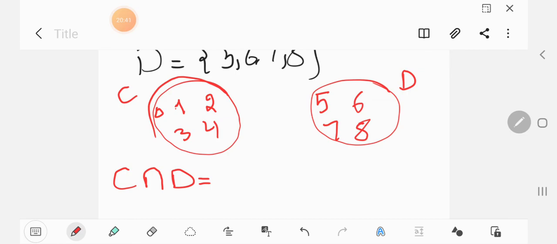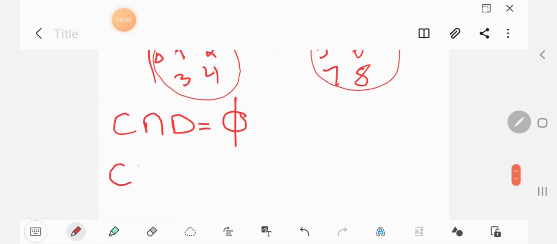What if I say to you C intersect D? The one we took in the class, it will be phi. Again, it will be phi. What if I told you C union D? It will be phi also? Can you say?